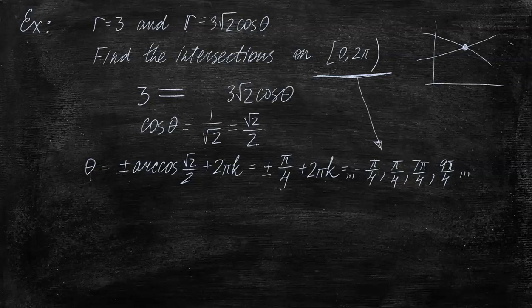So applying this constraint on this solution set, we get these two values. So the two graphs intersect at pi over 4 and 7 pi over 4.